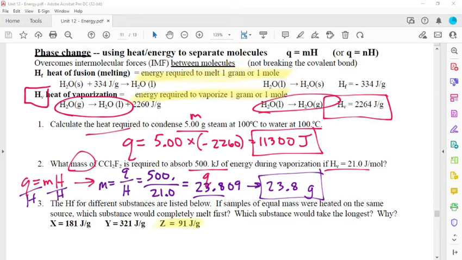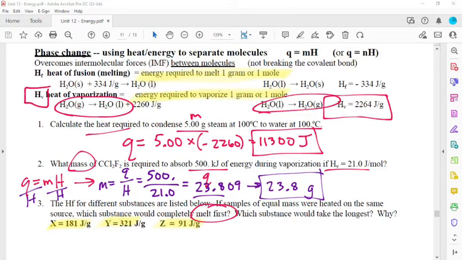So down here, these numbers are bigger or smaller than each other. The bigger the number is, the more energy we need to add to that substance in order to cause it to melt or boil.